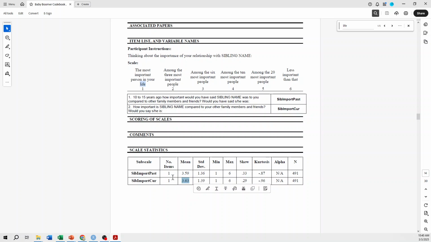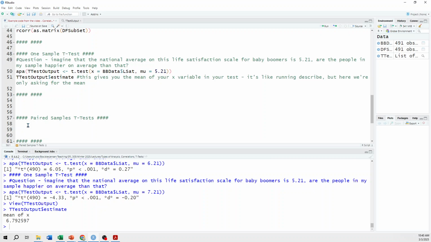Or are these two means different from each other? A key thing here is it's the same people reporting on what their relationships were and also reporting on what they are now. So sib import past, sib import cur. Okay, question: are siblings more important now than they were 10 to 15 years ago?